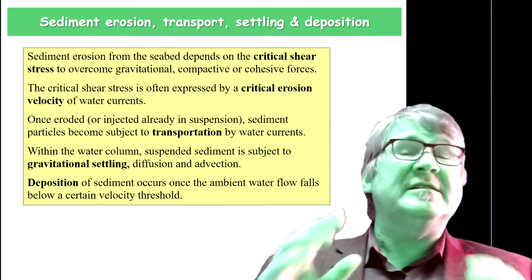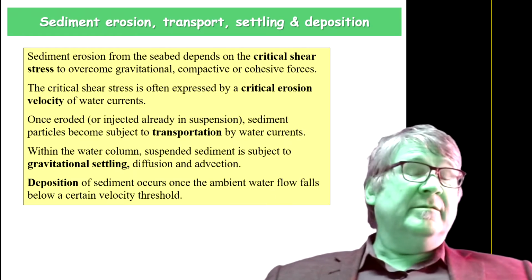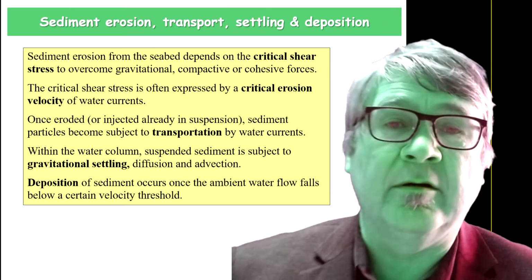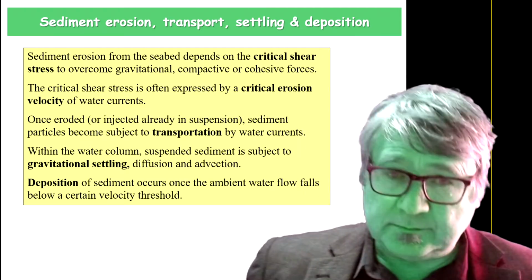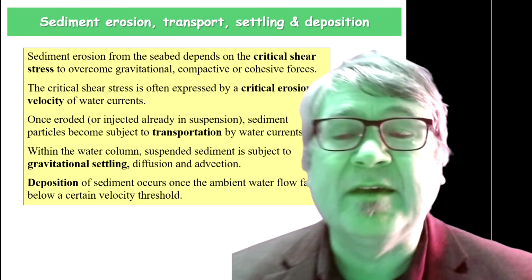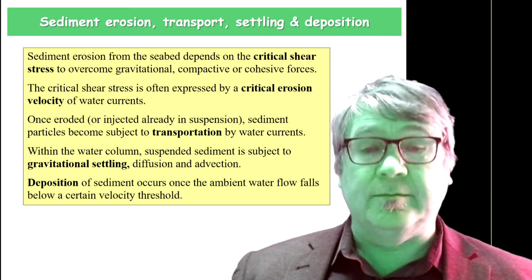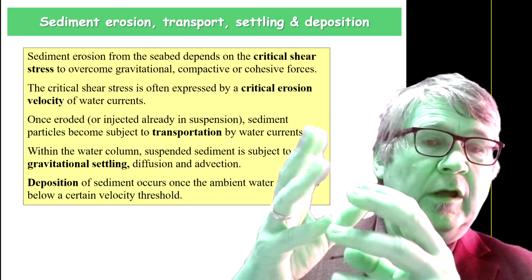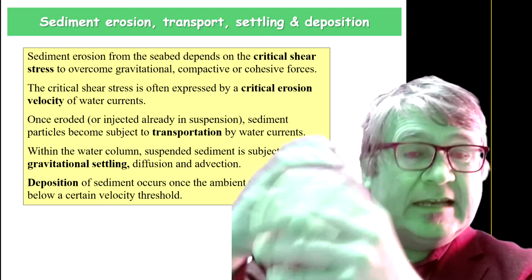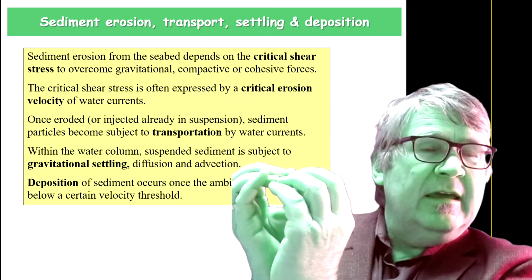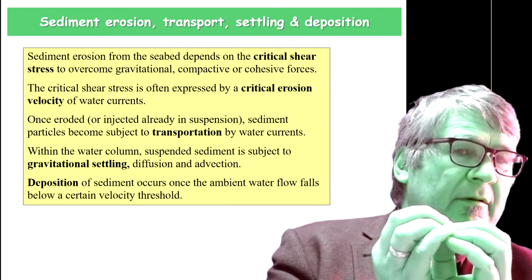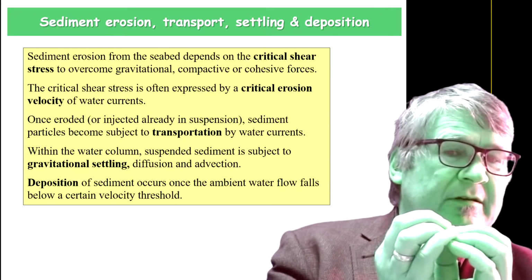So once eroded or injected from a river discharge, sediment particles become subject to transportation by water current. So if you erode a sediment particle here, location A, it can be moved to location B and becomes deposited on the seafloor.